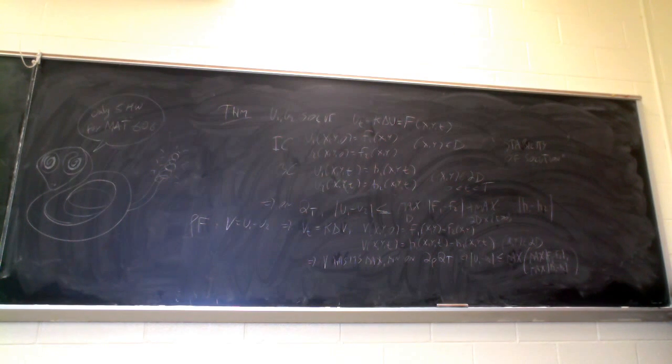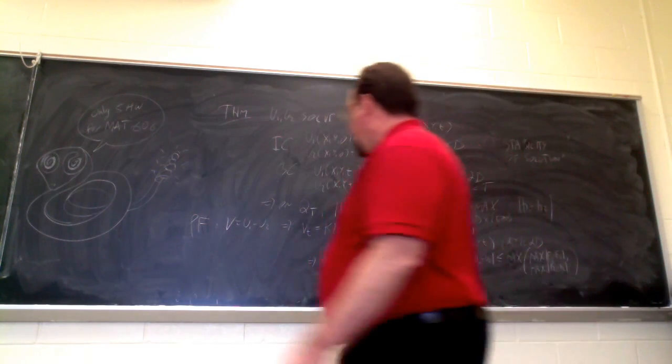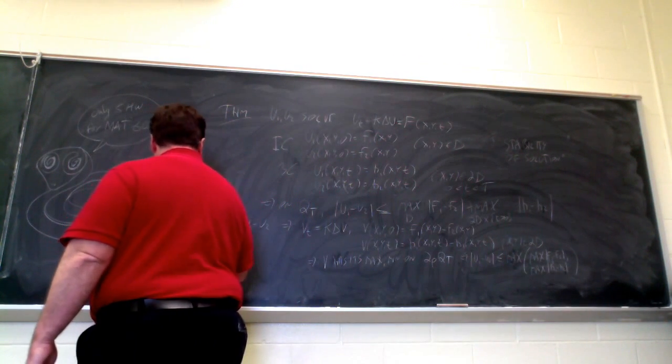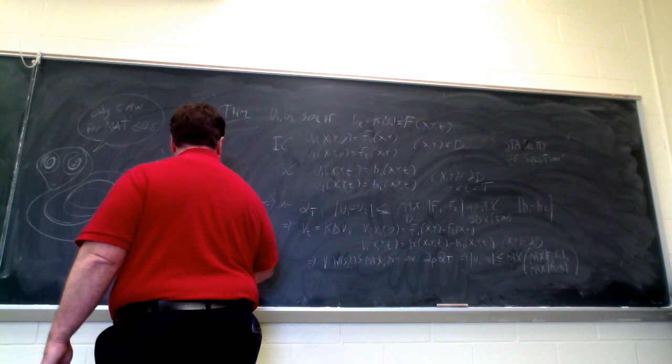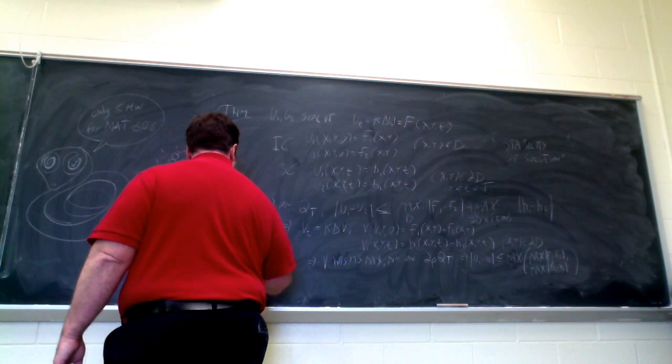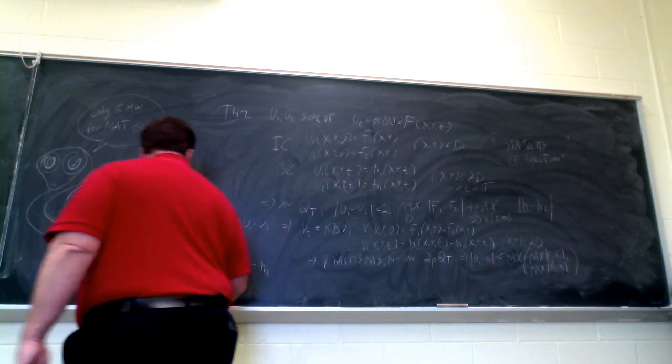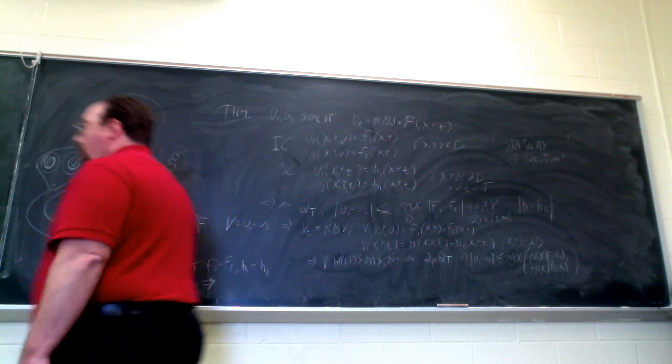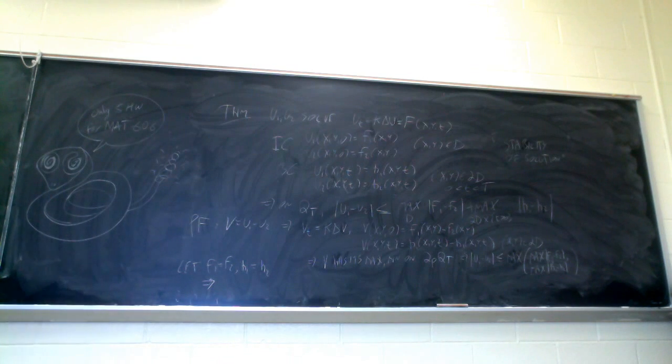Now, one very important consequence that comes from this is, if I let F1 equal F2, V1 equal V2, H1 equal H2, what does it say about the difference u1 minus u2? Zero has to be 0.